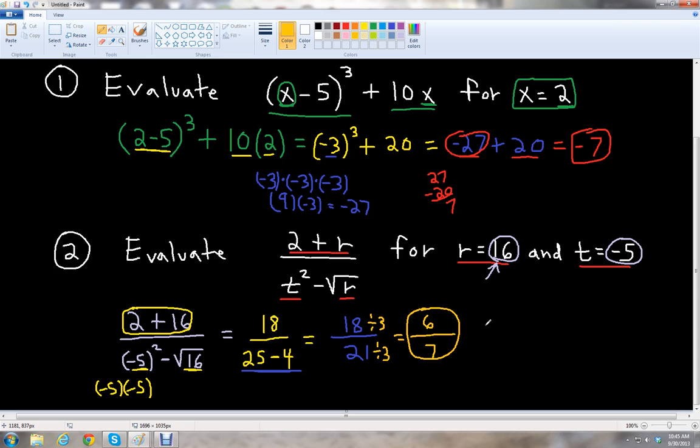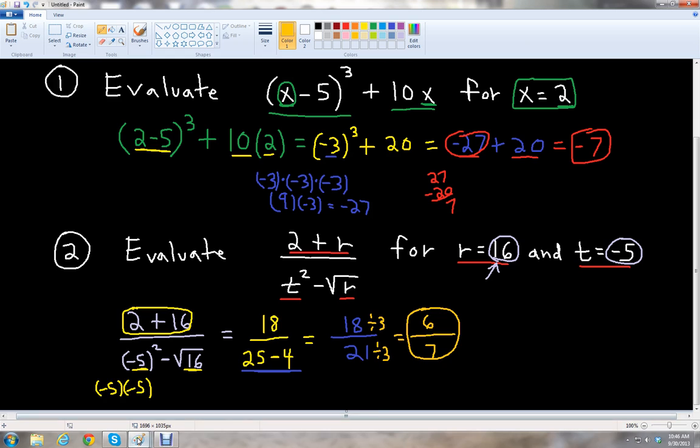You need to know your order of operations in order to evaluate algebraic expressions. I'll probably be doing a review video in the future for order of operations, so you can watch that to help you get a good hold on evaluating algebraic expressions.